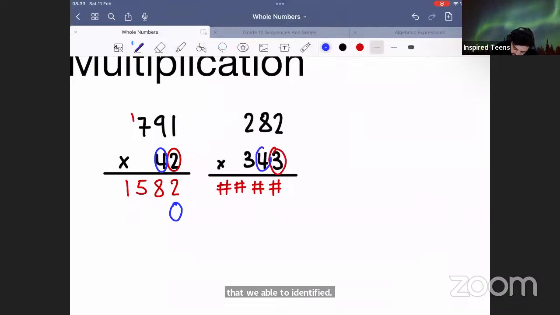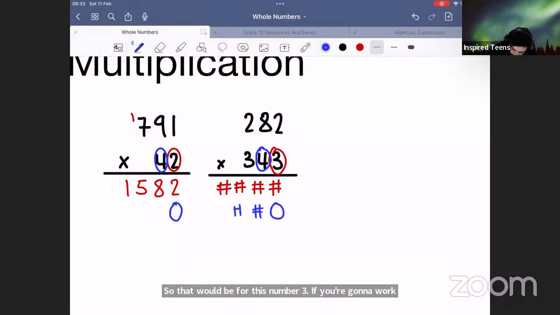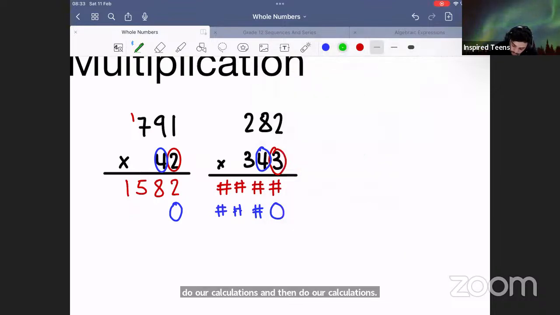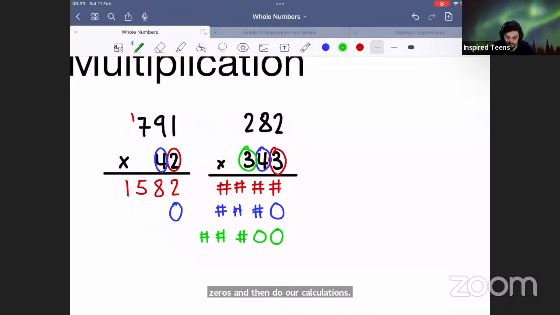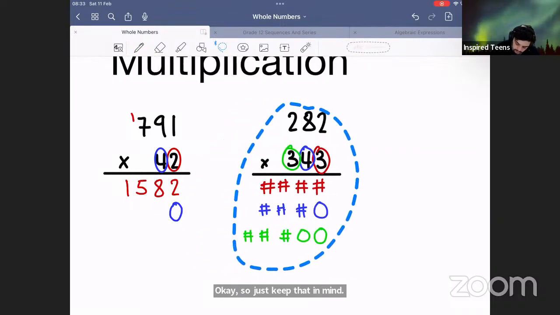If we're going to work with this number 4, we're going to put a 0 first and then do our calculations. Okay. What about if we work with this 3? Right? When we move on to the third number, we're actually going to put 2 zeros and then do our calculations. Okay, so just keep that in mind. Let's move this along.